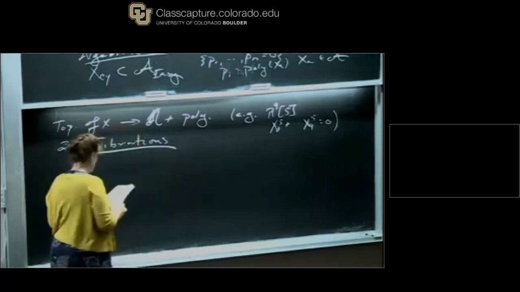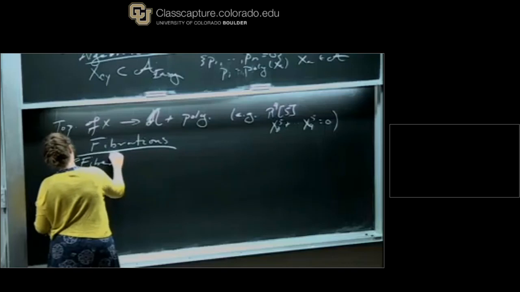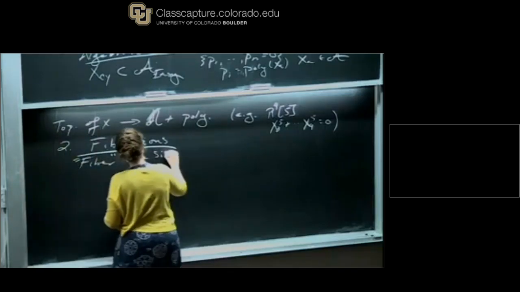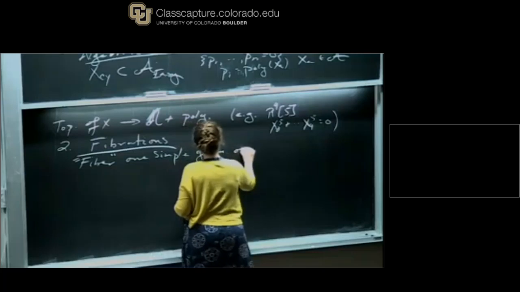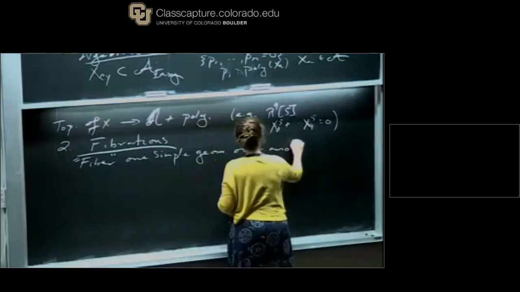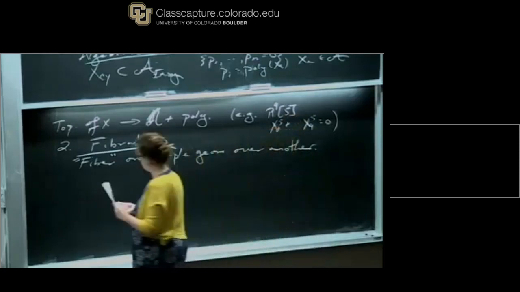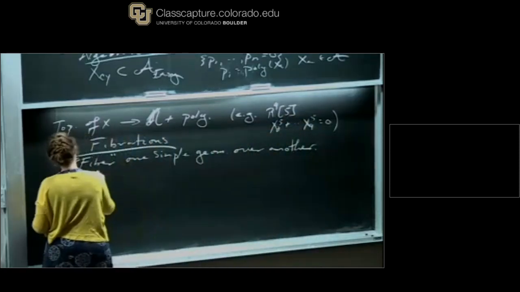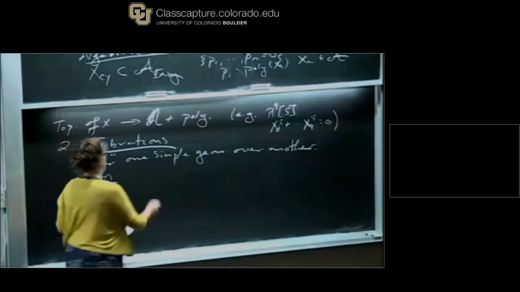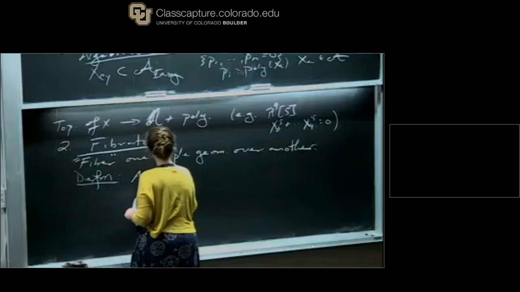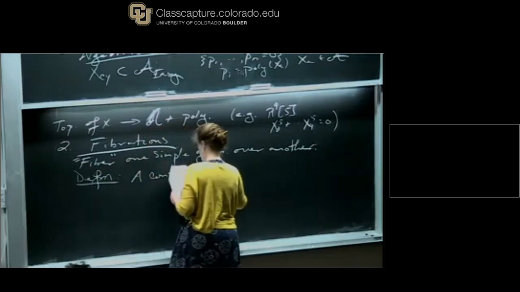The basic idea here will be to fiber one simple geometry over another. Now probably many of you have seen this before, but I'm going to define just what we mean by a fibration. The definition of a fibration is a continuous mapping from one space to another.